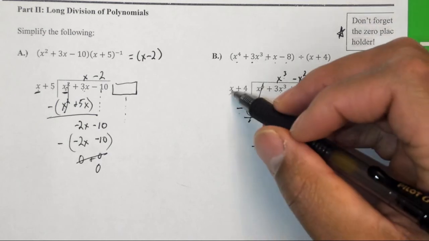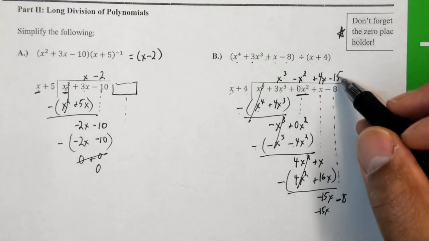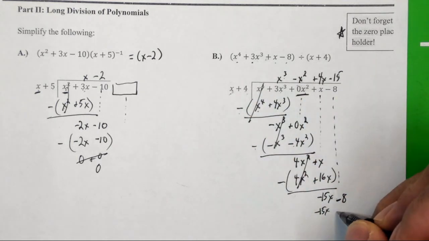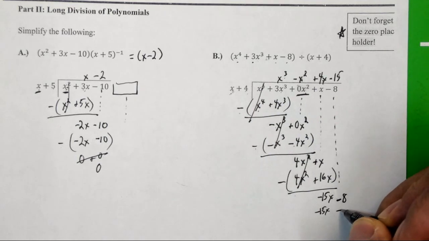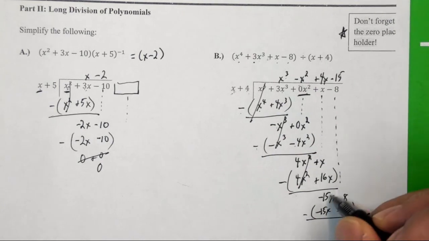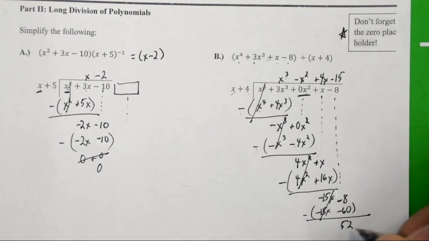Negative 15 times x is negative 15x. Perfect. And negative 15 times 4 is negative 60. When we subtract, this cancels. And negative 8 minus negative 60 comes out to positive 52.